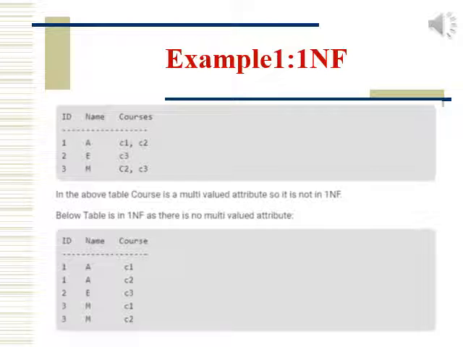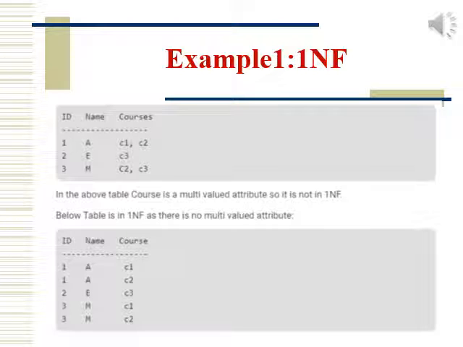Similarly, you could see the ID number 3 has the courses C2, C3. It shows that there is a multi-valued attribute here, so this could not be called first normal form.